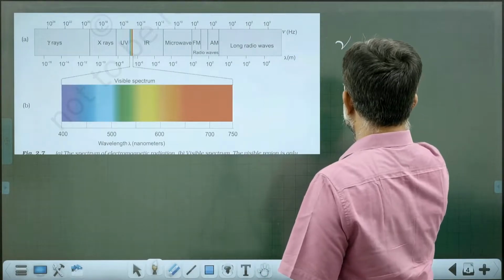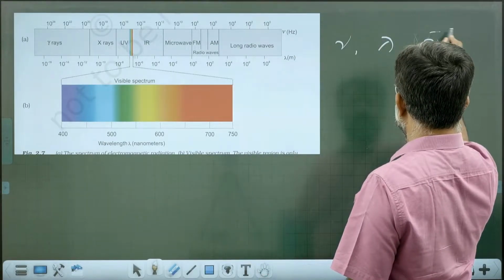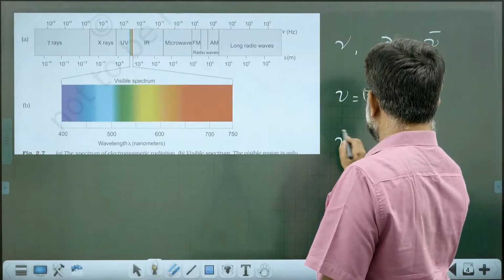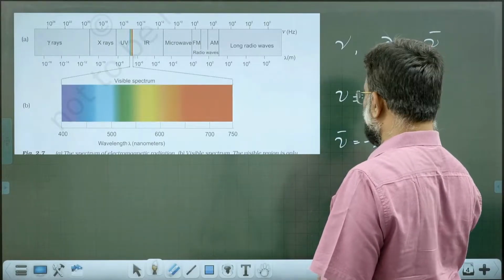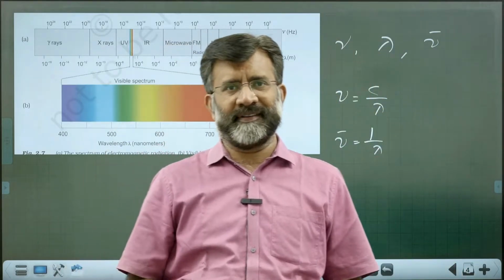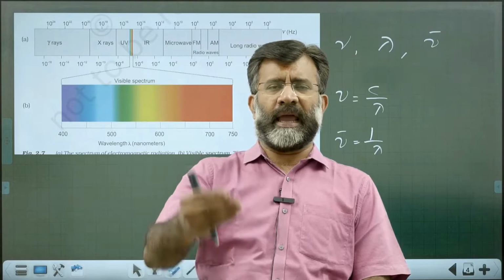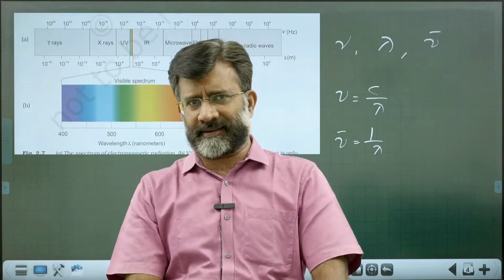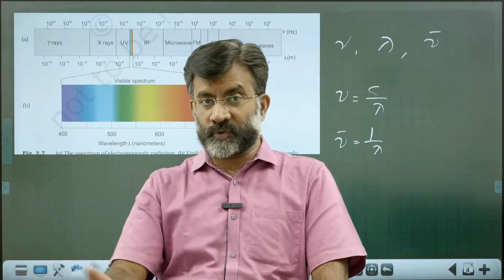Regarding frequency, wavelength, wave number, the relation nu is equal to c by lambda, the relation nu bar is equal to 1 by lambda, amplitude, crest, trough, so many things related to waves, and they are simple problems. A few problems are given in the NCERT itself, and there were previous questions also.